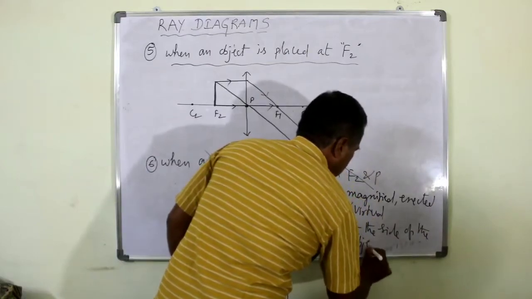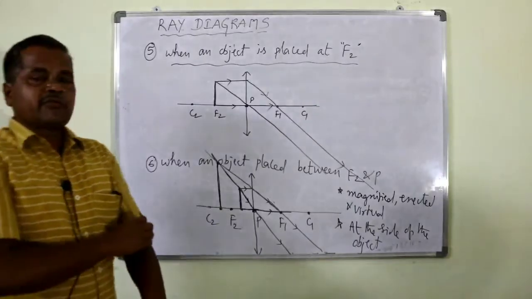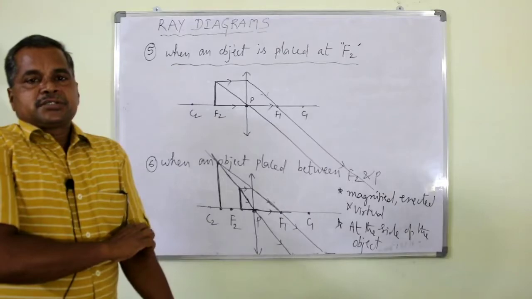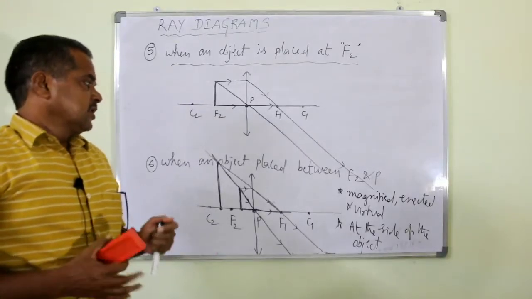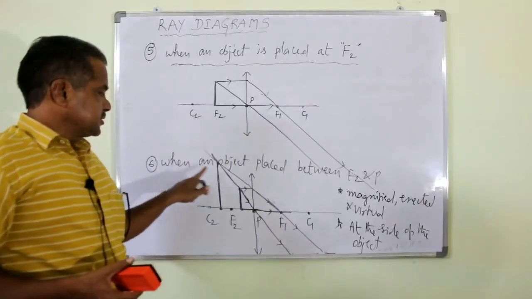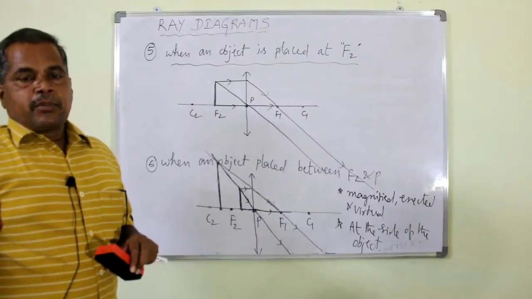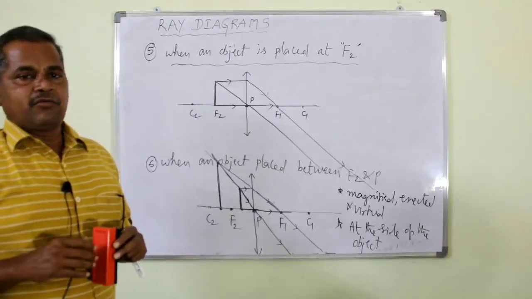So these are the 6 cases when an object is placed in front of a biconvex lens at different places, where the image is formed and what the characteristics of the image are. In 5 cases, a real image is formed, but in the 6th case, a virtual image is formed. That's why we can say that the biconvex lens forms both real and virtual images.